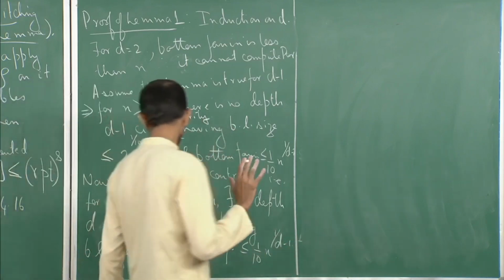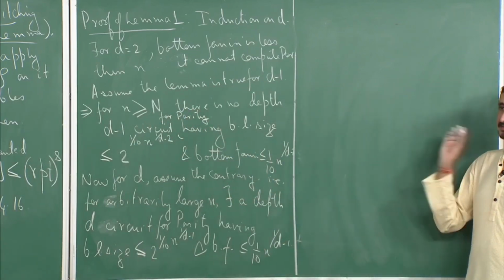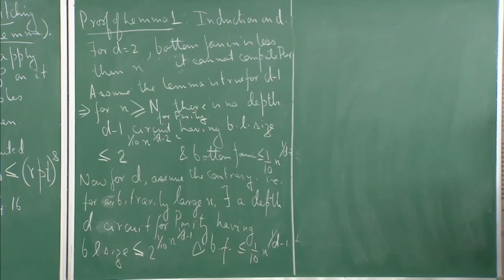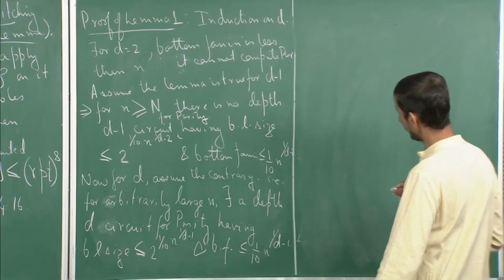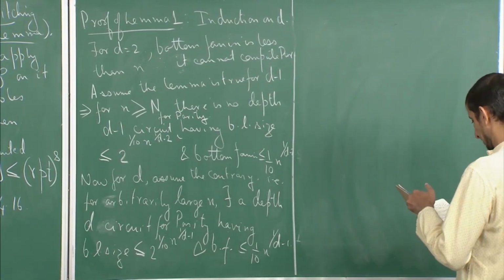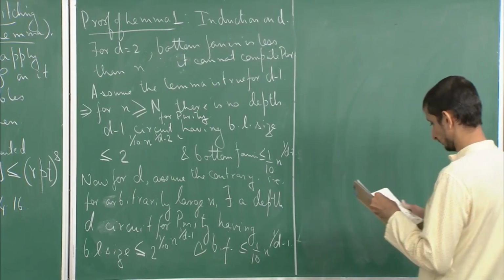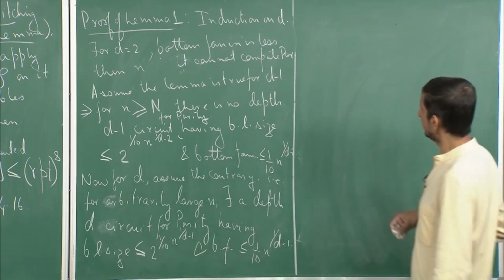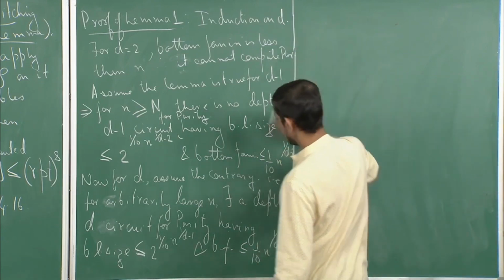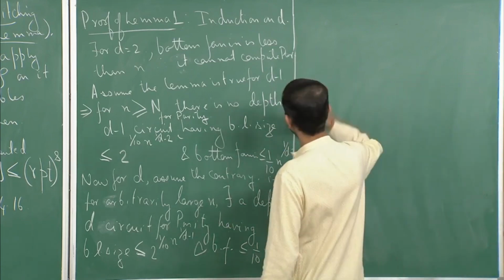So, for arbitrarily large n, suppose there is a circuit for parity. Now what can we say? Now we will choose n. Because this is true for arbitrarily large n, I will choose n to have a particular form.